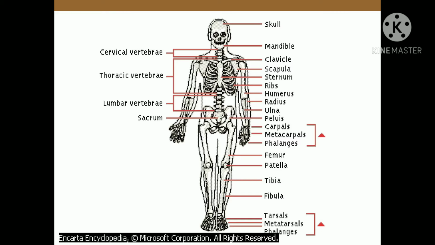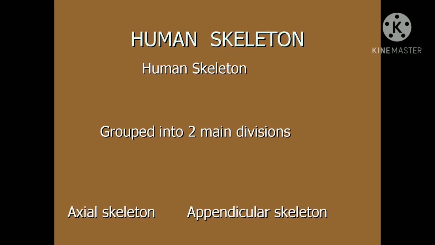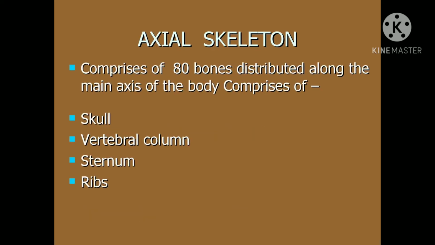The human skeleton is generally grouped into two main divisions: the axial skeleton and the appendicular skeleton. So what is the axial skeleton? It comprises 80 bones distributed along the main axis of the body, comprising the skull, vertebral column, sternum and ribs.